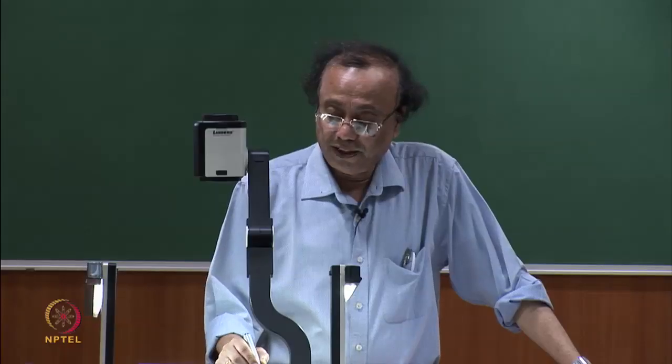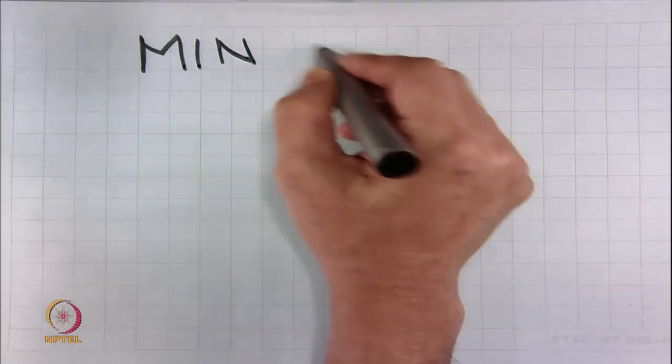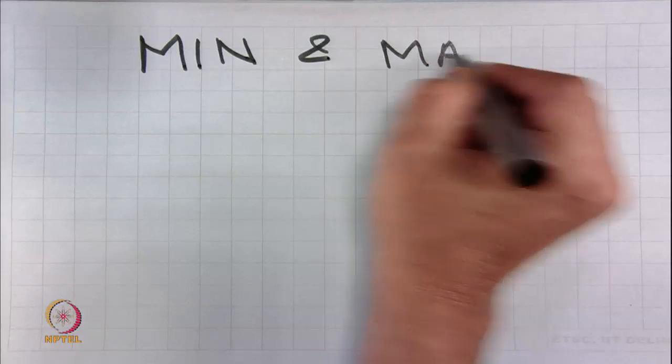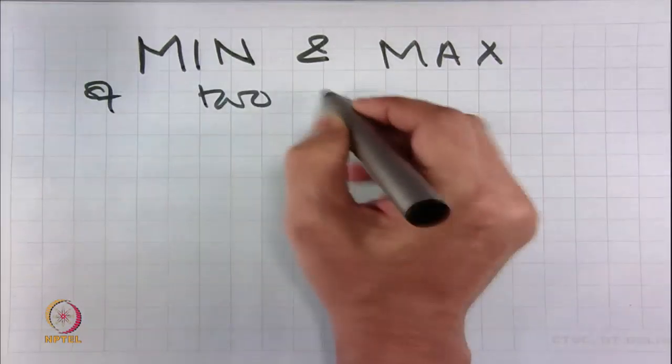Let me now introduce you to two more functions which are called mean and max of two fuzzy numbers.